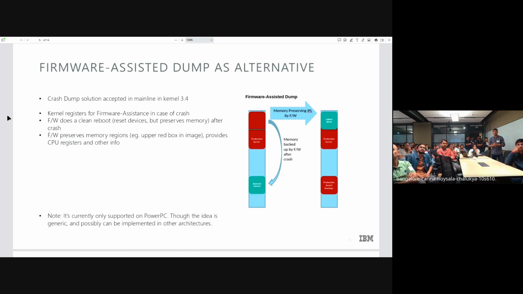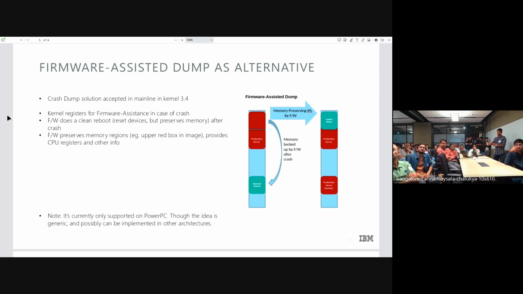If you see that blue memory on the right side, let's say the production kernel is running, and while booting it does a similar crash kernel kind of reservation, and registers with the firmware that if I crash, you handle the flow.